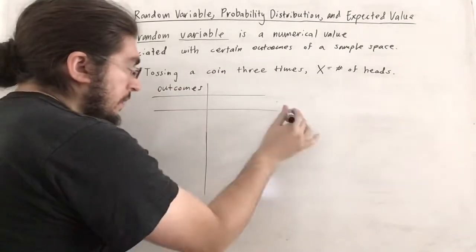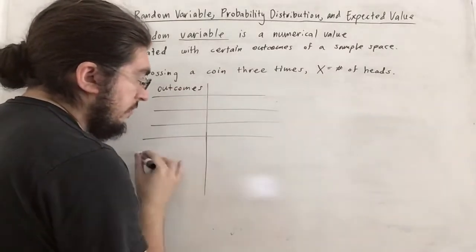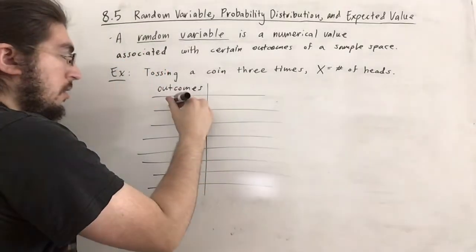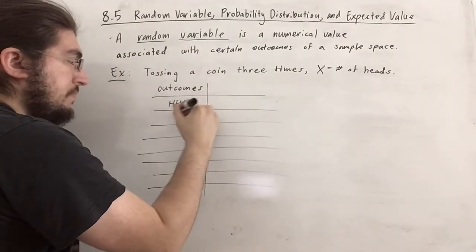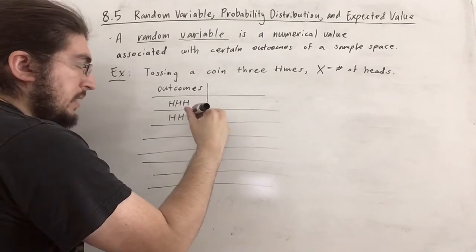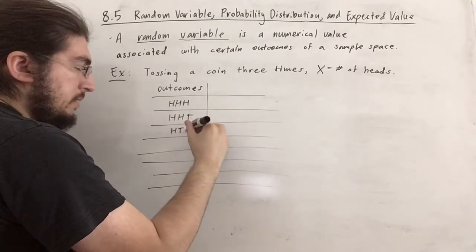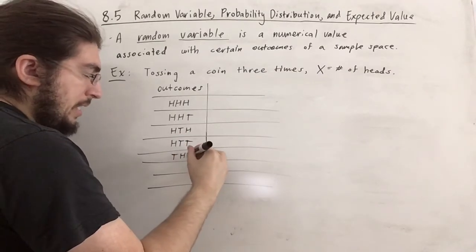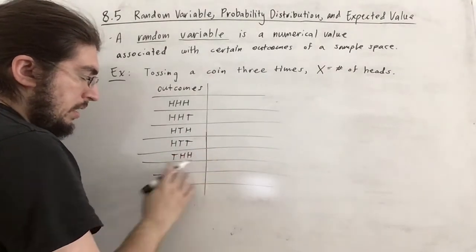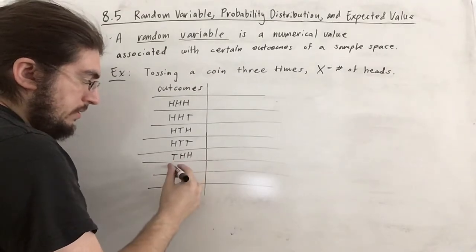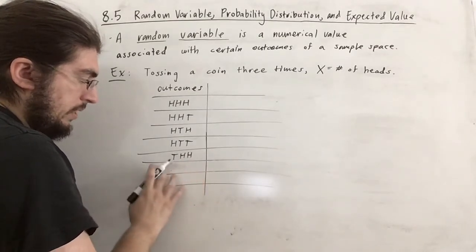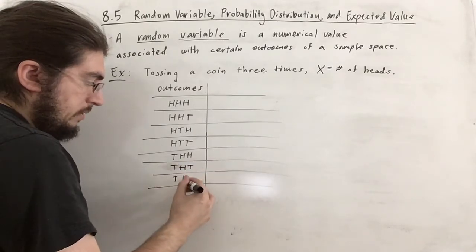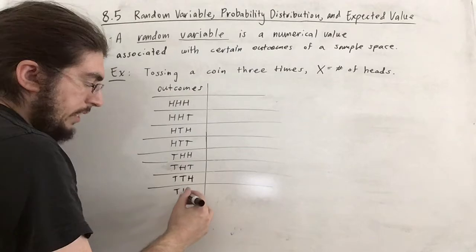And what they are, let me leave space for them, 1, 2, 3, 4, 5, 6, 7, 8. So either you get heads for all of them, or 2 heads then a tails, or heads, tails, heads, or heads, tails, tails, or tails, heads, heads, or tails, heads, tails, or tails, tails, heads, or all tails.